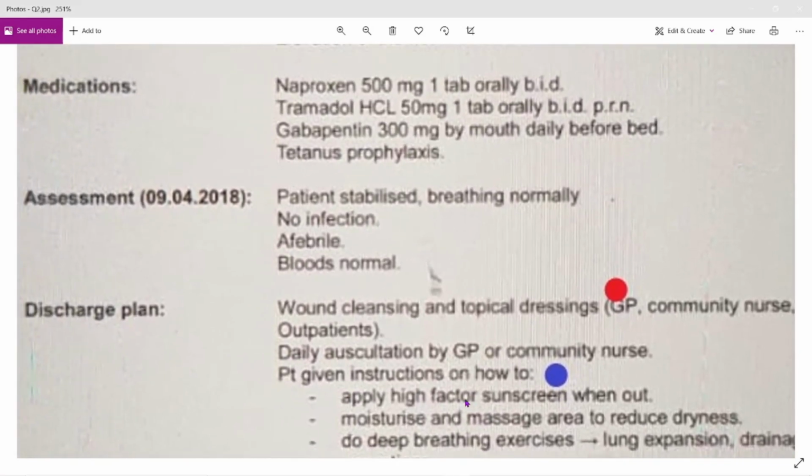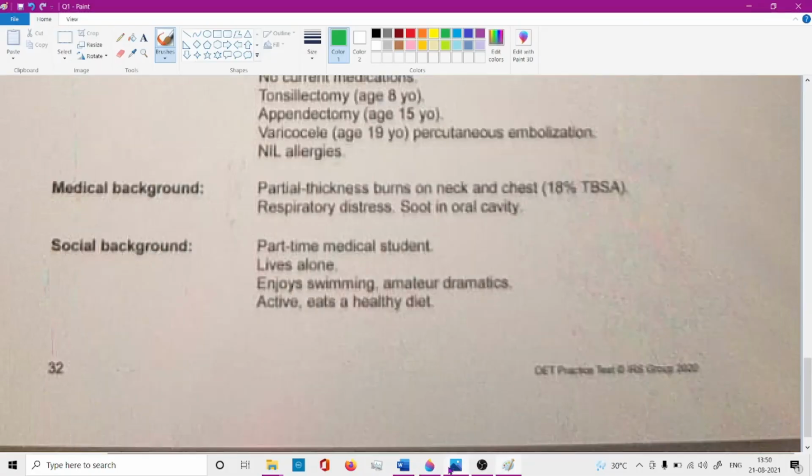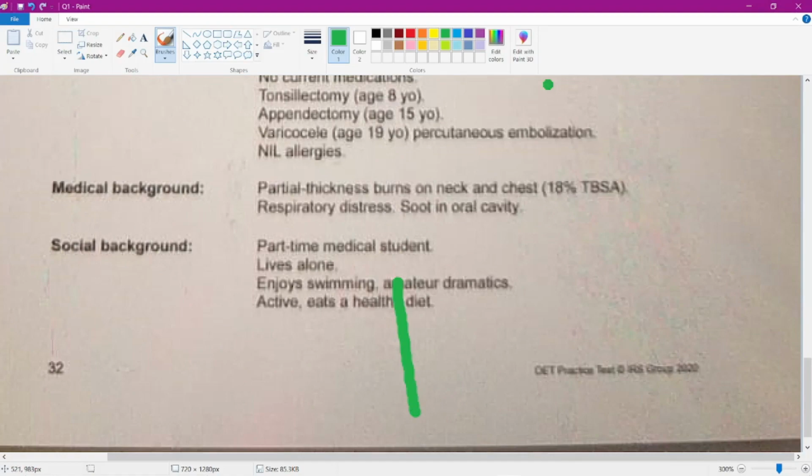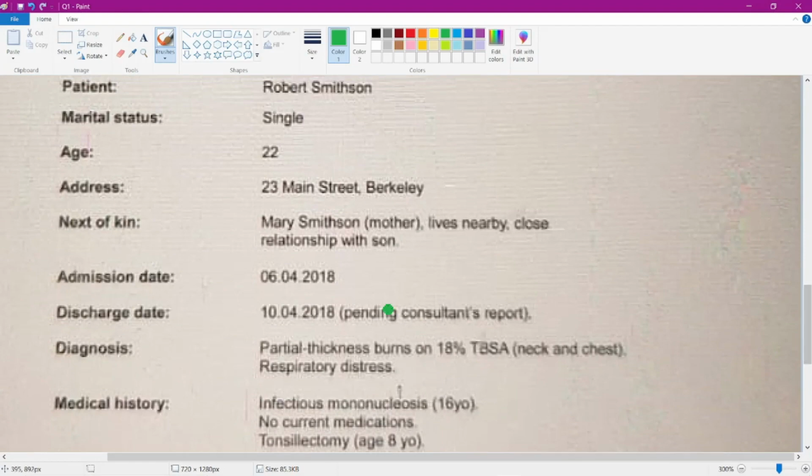I will show you something. Okay, there is a confusion that usually arises. Which discharge date to use here? It's like pending consultant's report.